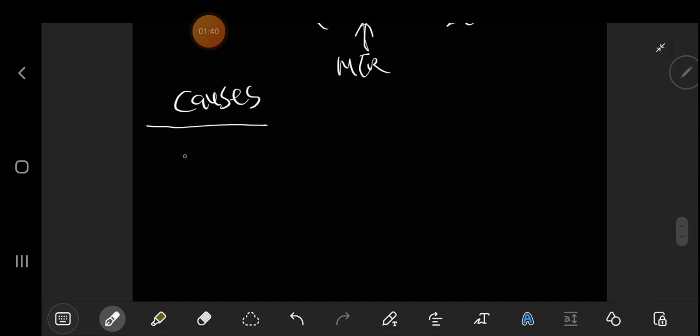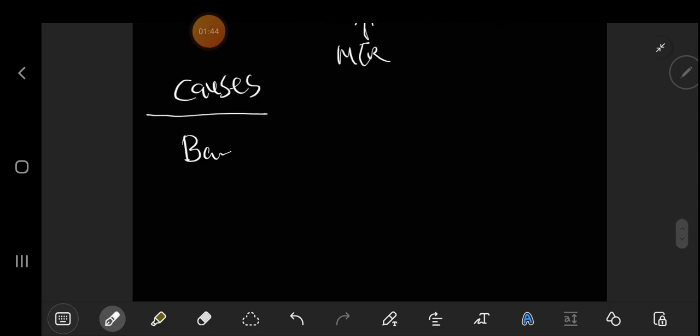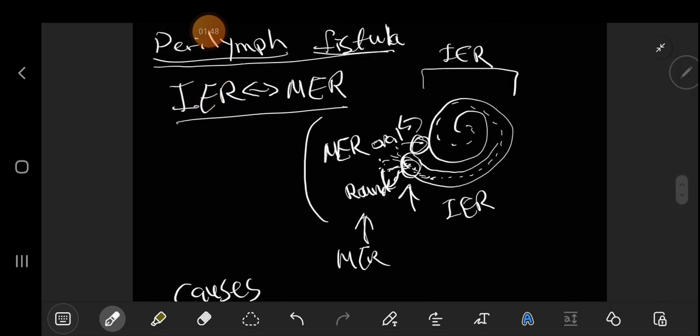The causes are usually something that will cause the membranes to rupture. For example, barotrauma, where there are changes in pressure, and the patient changes the ambient pressure while the Eustachian tube is closed.